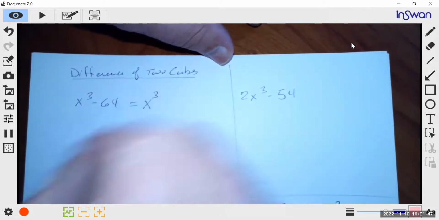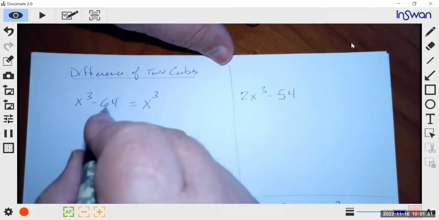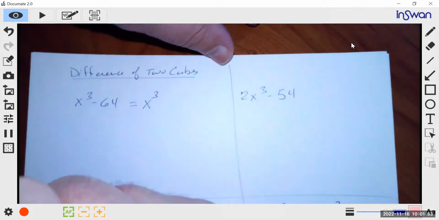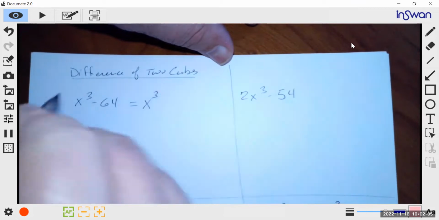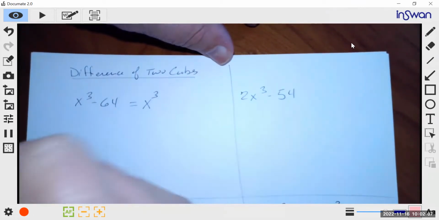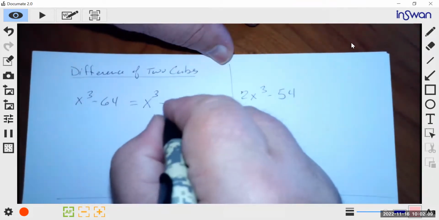It's a cube. 64, is that a squared term or a cubed term? Can it be cubed? Because we don't have a rule that says one's cubed, one's squared. It's 4 times 4 times 4. So this is 4 cubed.